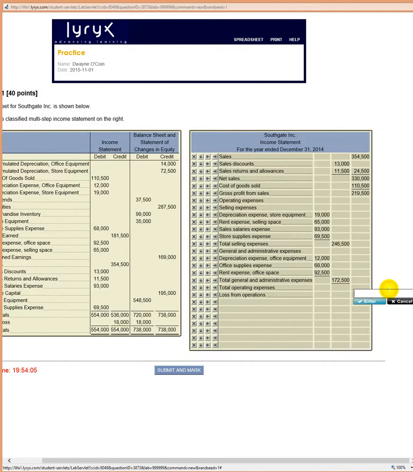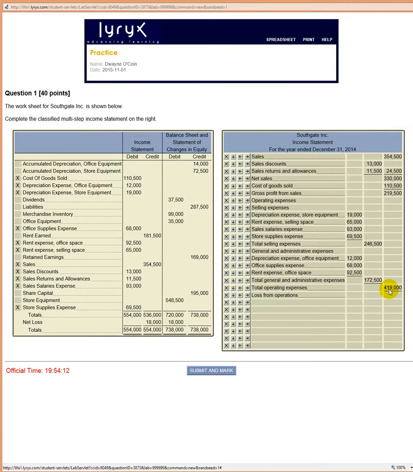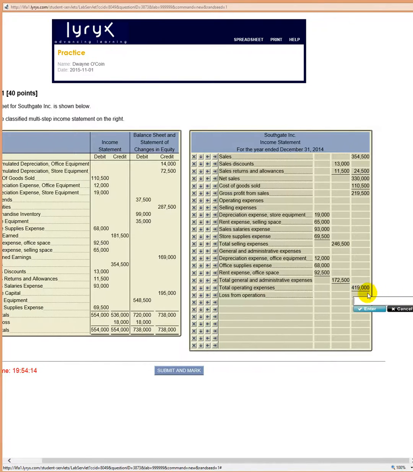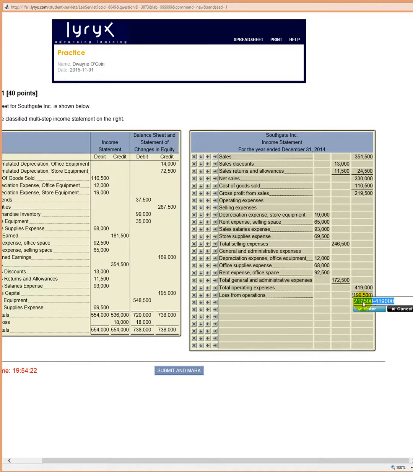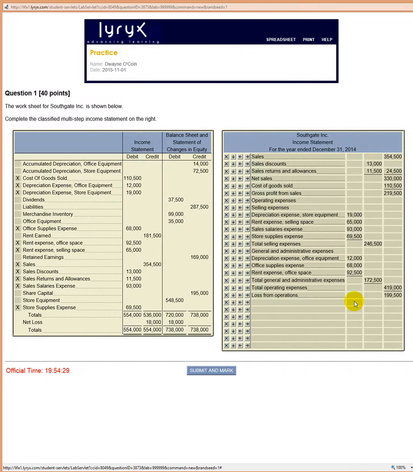And our total operating expenses will come over here. And we did actually lose. And of course that needs to be restated as a negative number to make it appear positive here.